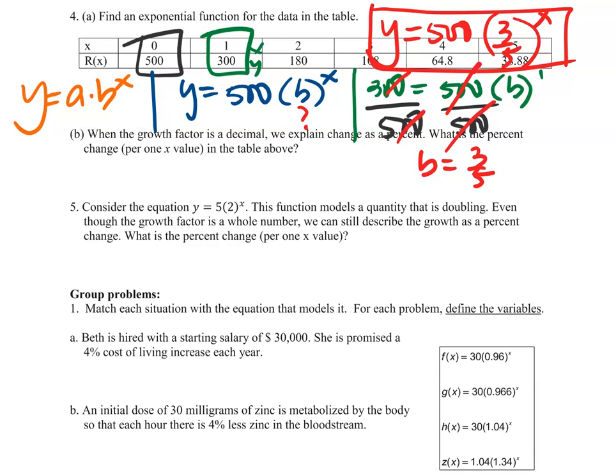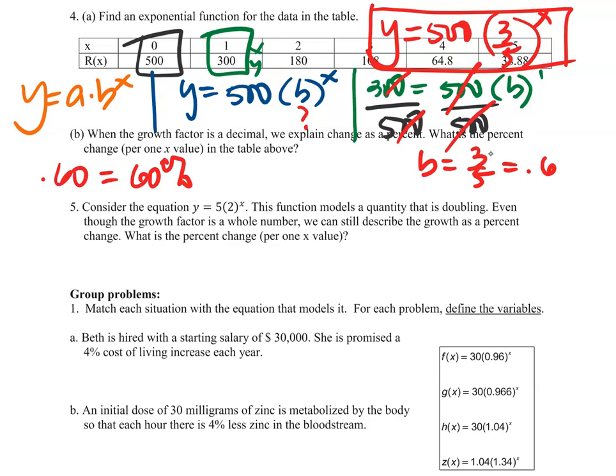Okay, letter B. When the growth factor is a decimal, we explain change as percent. What is the percent change per 1x value in the table above? So our factor here is 3/5 and 3/5 is the same thing as 0.6. So we can change this to a percent. 0.6 or 0.60 is equivalent to 60%.